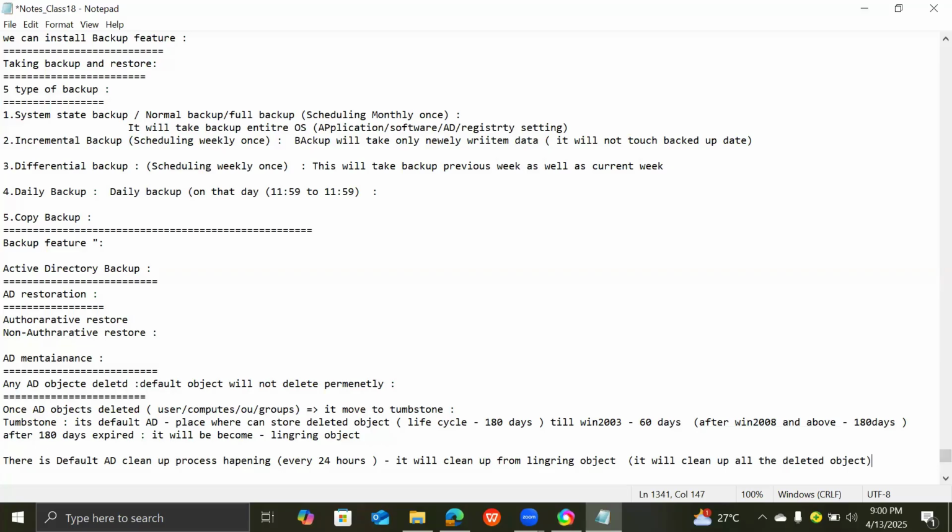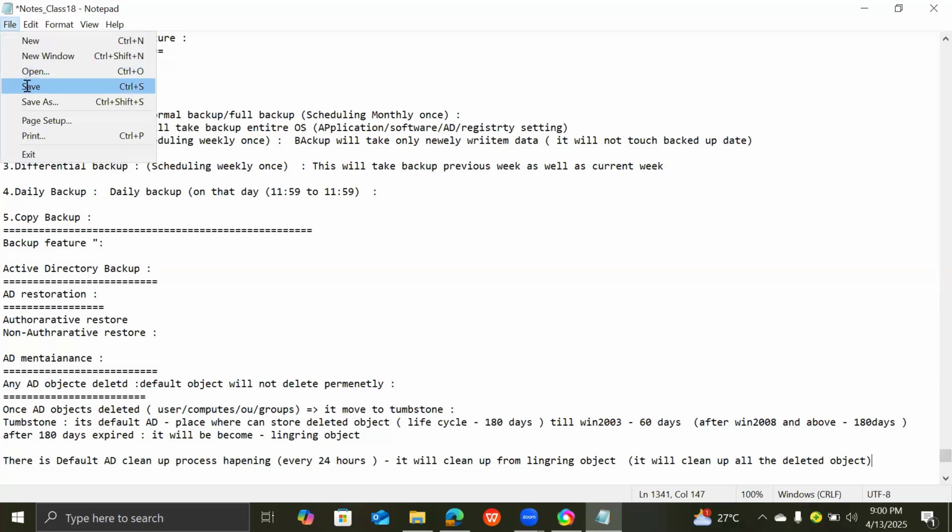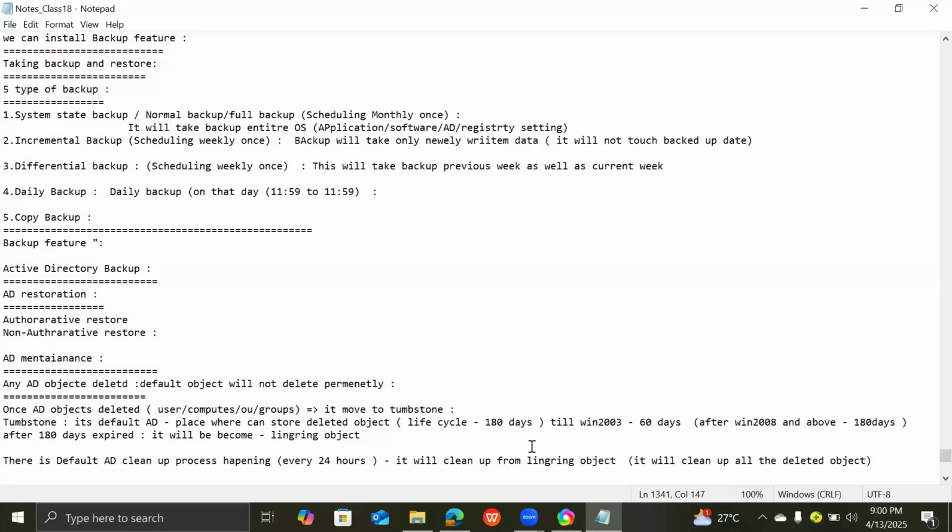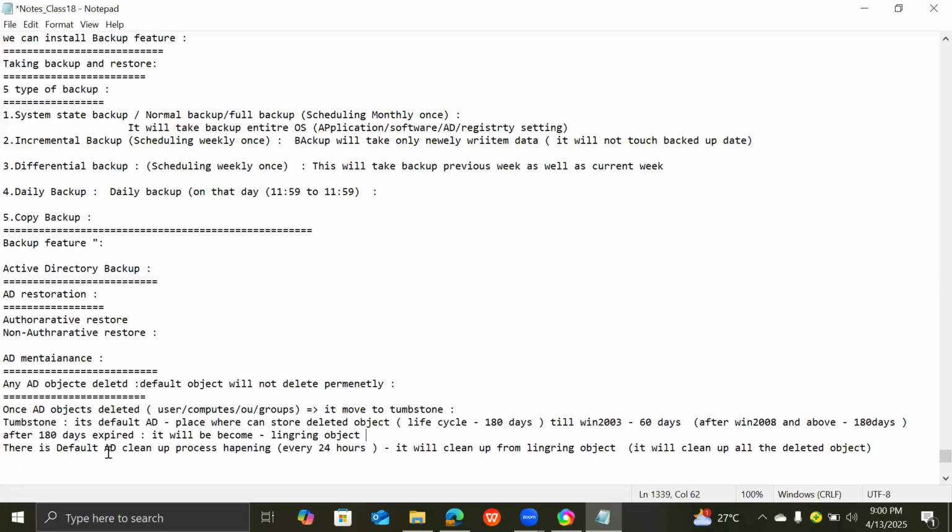Yes. Now, Microsoft has brought one more feature. People are worried about how to restore from the tombstone, what is the process and all. It is a little difficult to restore from the tombstone, and the success rate is low. So what Microsoft has brought is the Active Directory Recycle Bin.